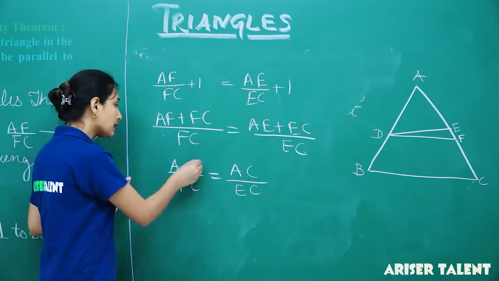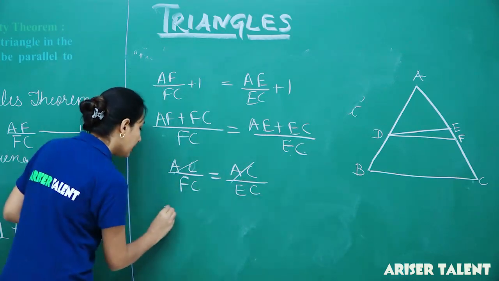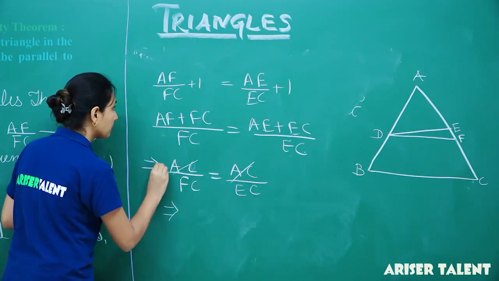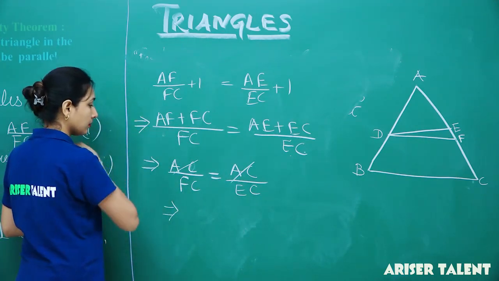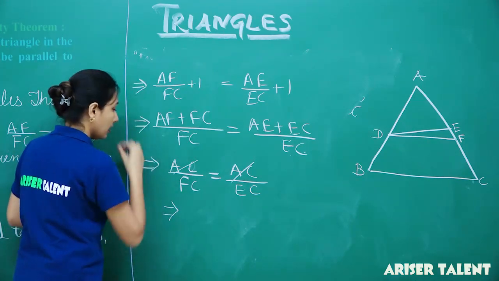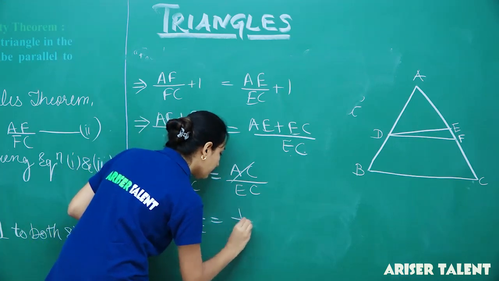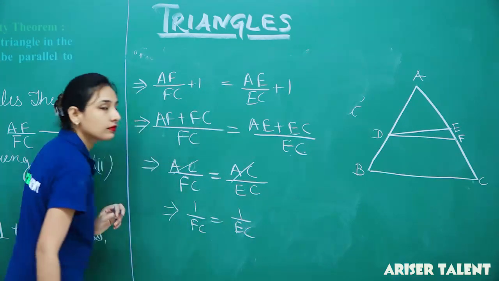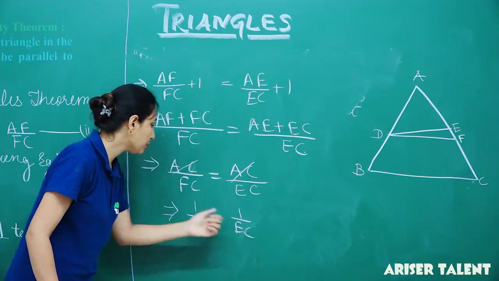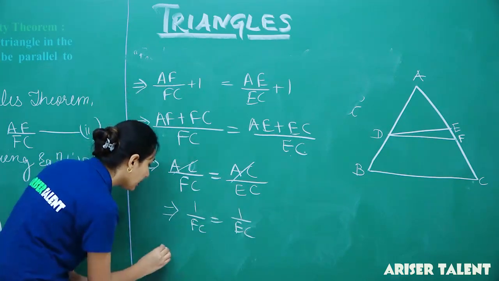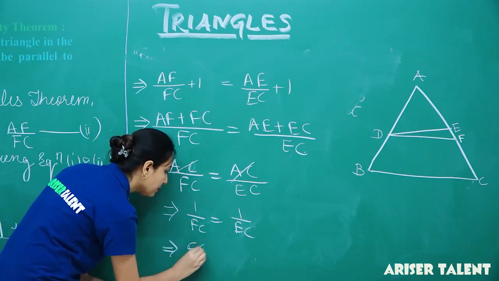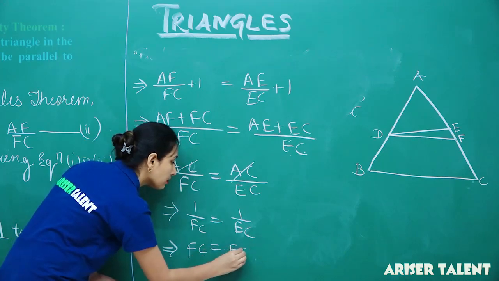Now you can just cancel AC. That implies that 1 by FC equals 1 by EC. By cross multiplication, FC equals EC.